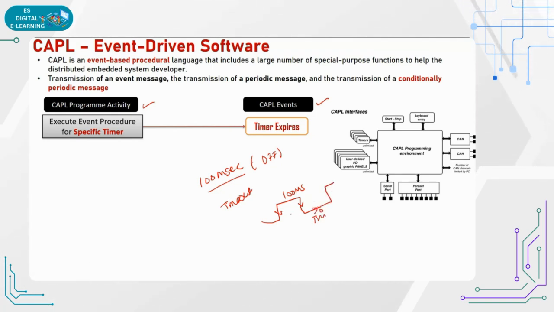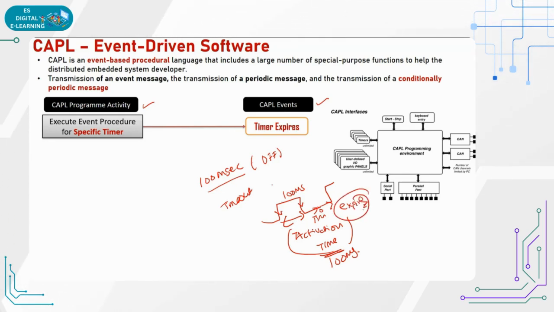So the duration you set to active is part of the timer where it's set. Once the timer is within the region, after 100 milliseconds it will be expired, which comes under timer expire.